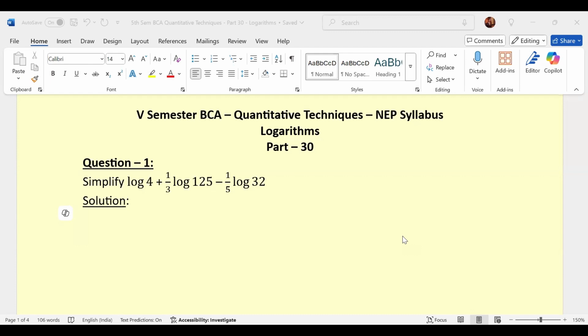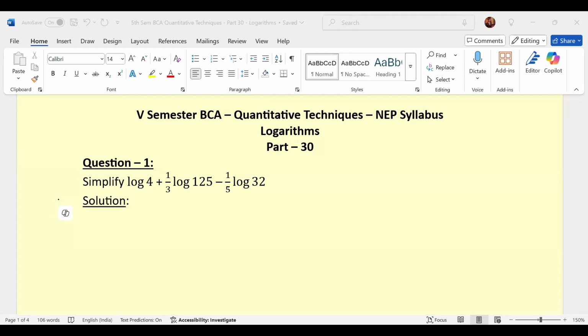This is part 30. First question: simplify logarithm of 4 plus 1 by 3 times logarithm of 125 minus 1 by 5 times logarithm of 32. This we need to simplify.